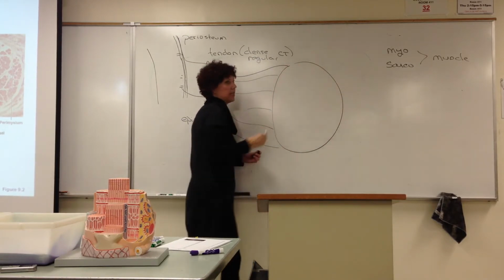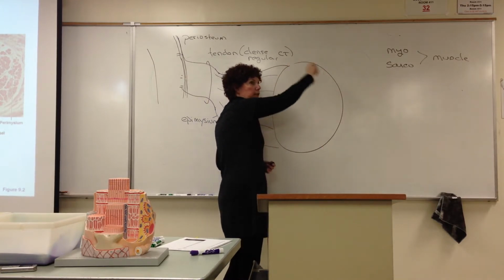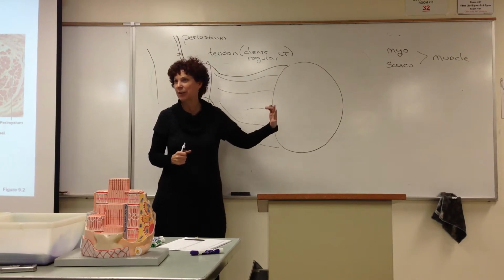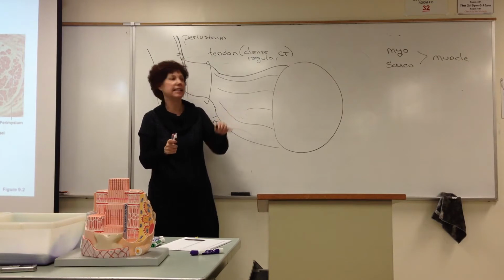Now, a lot of times in artwork, this is drawn as a series of concentric rings, but in actuality, those fibers are coming straight out at you, because they're going parallel with the muscle bundle itself.